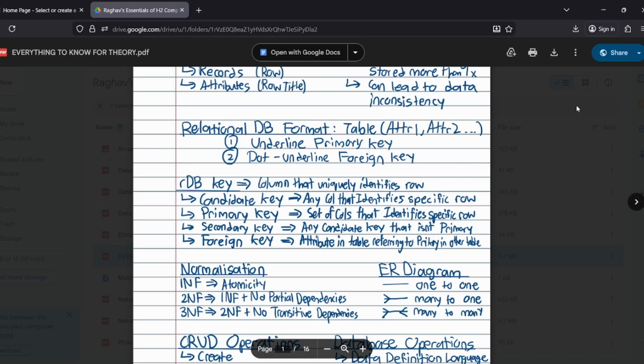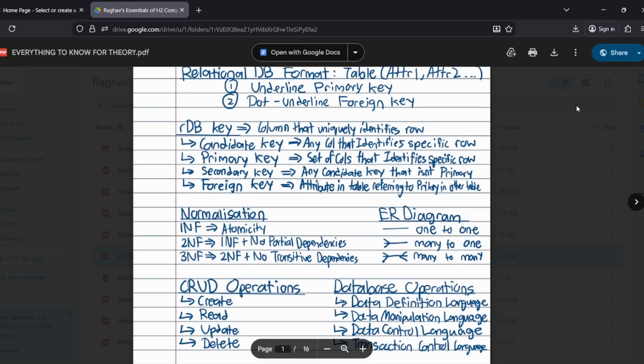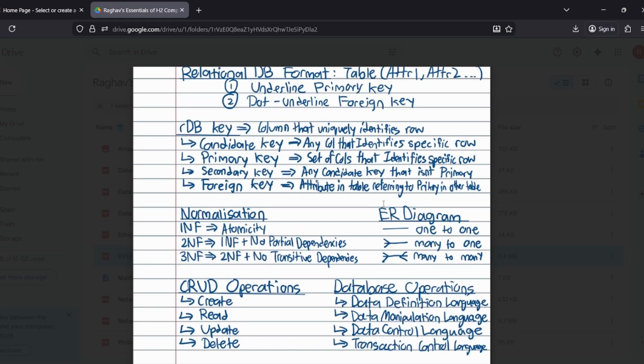Then we have normalization, and normalization, I would say, is pretty standard. 1NF is atomicity. 2NF means that it is in 1NF and has no partial dependencies. And a partial dependency is, again, you can think of it this way. It's like the conjunct primary key I told you about. Like if I was from 23S56 register 17, you're using two different things.